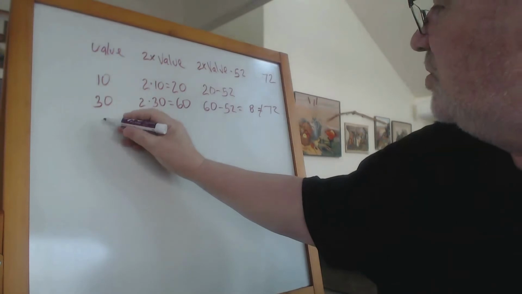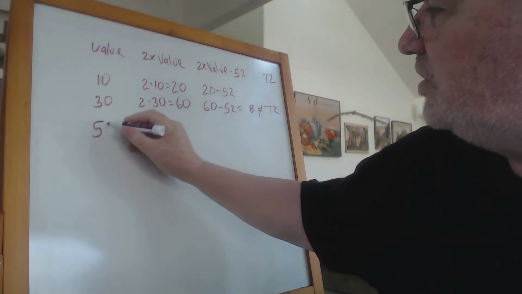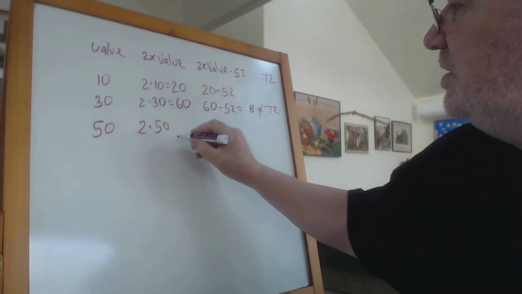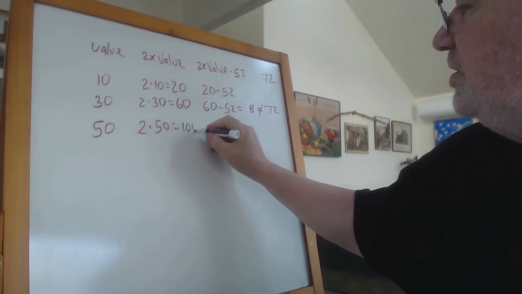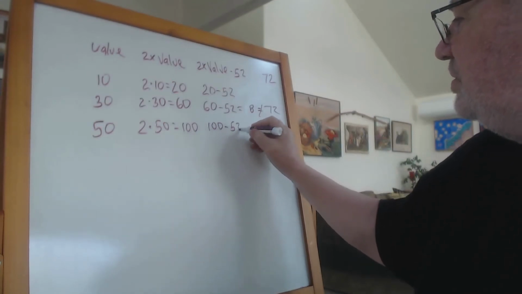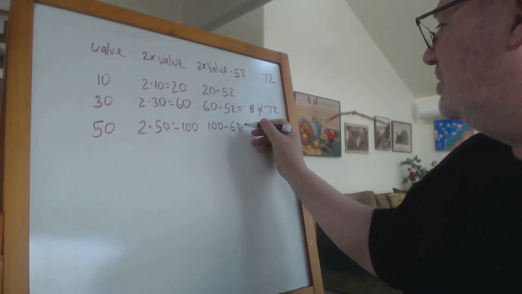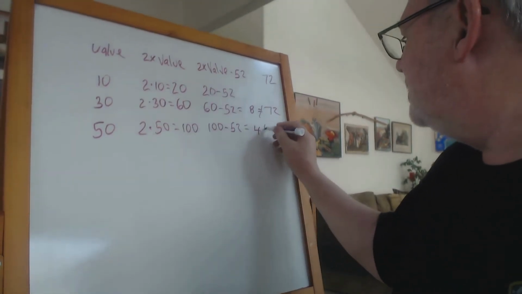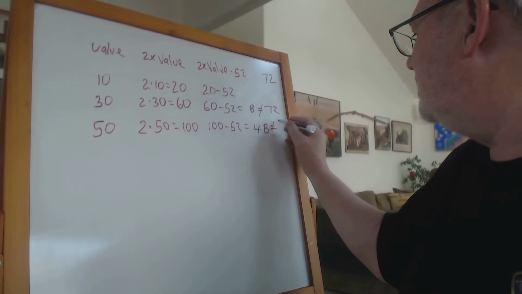So let's go to a bigger number. Let's go to 50. 2 times 50 is 100. 100 minus 52 is equal to 48. And that's still not 72.